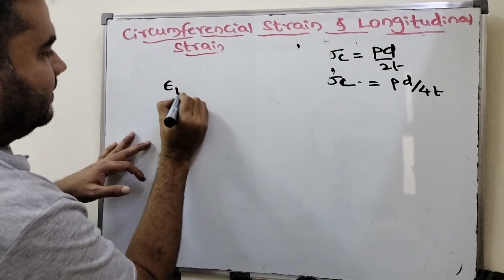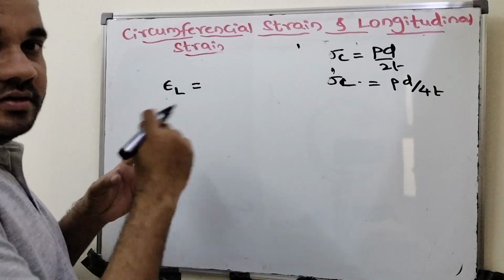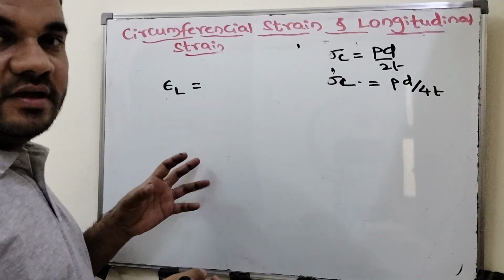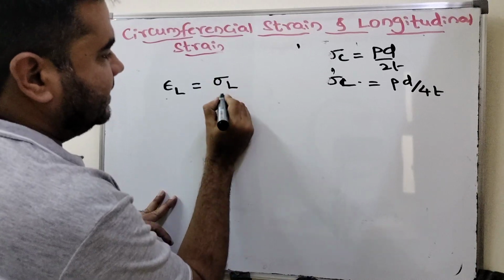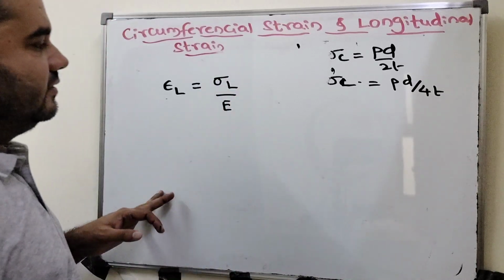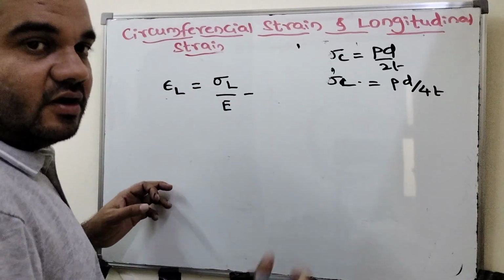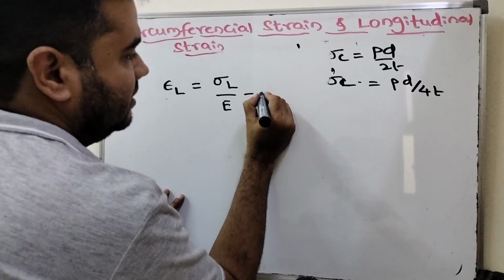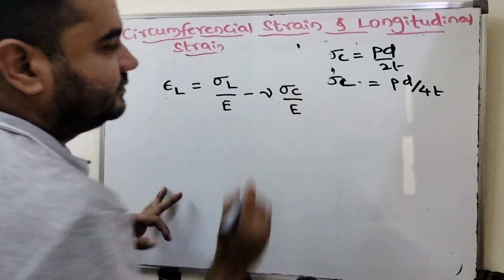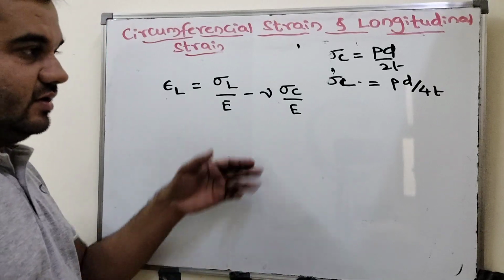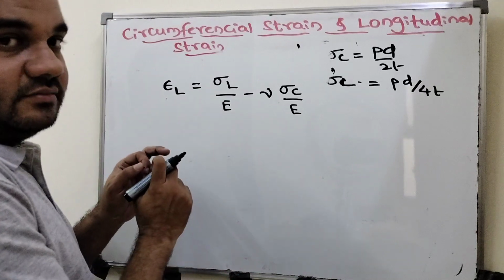Longitudinal strain along the length of the cylinder, in terms of stress and Young's modulus as per Hooke's law, equals longitudinal stress divided by E, minus nu into the circumferential stress divided by E. Same as what I did just before. This is how you have to apply it.